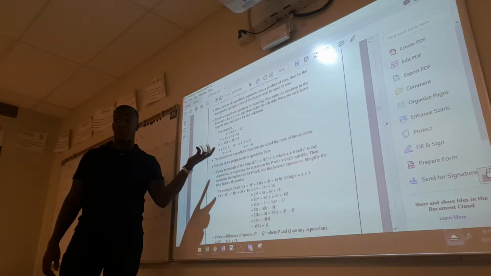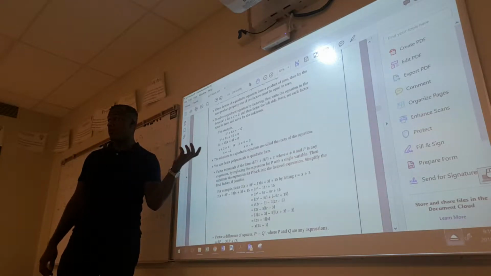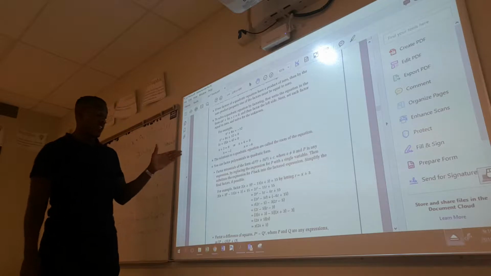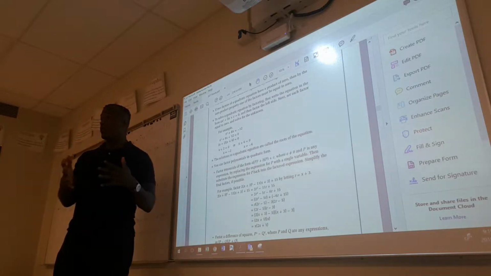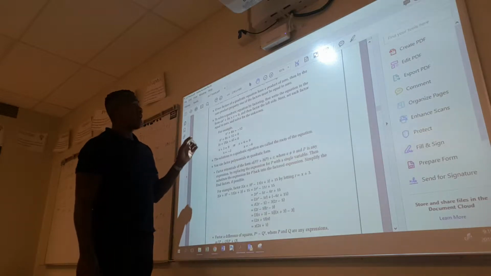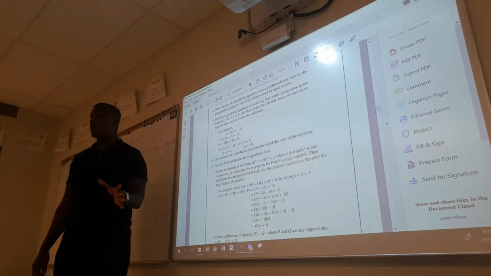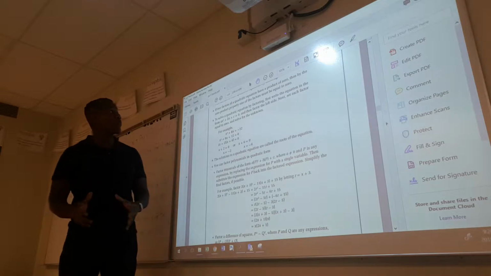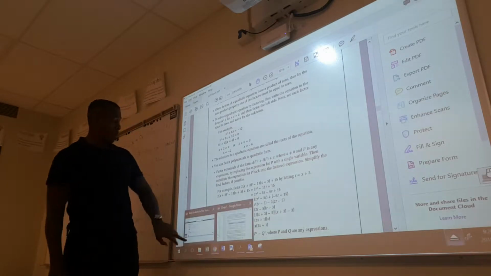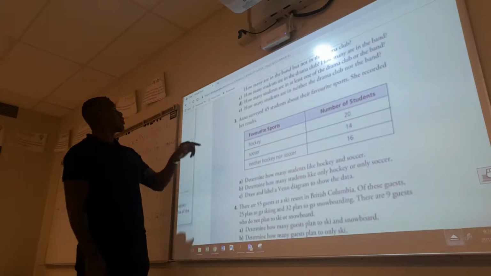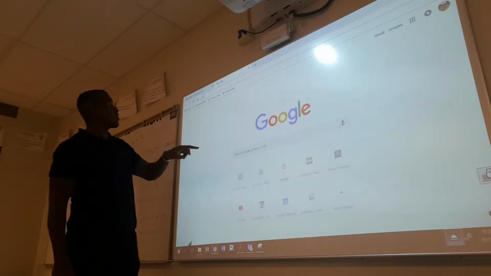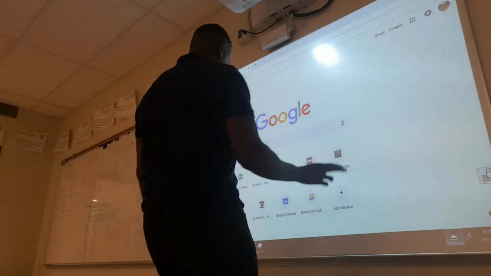Although we didn't specifically talk about factoring by decomposition in this section, it's the thing that we should know how to do from last year. But if you don't remember, go back to chapter 3, go on to Mathtopia, and you're going to see it there. Okay?